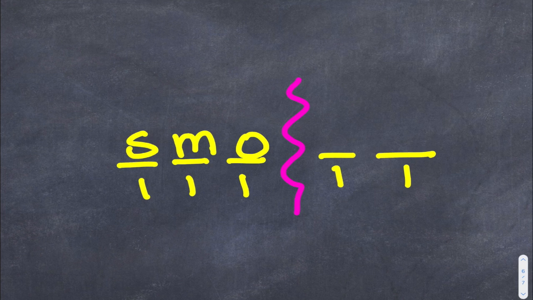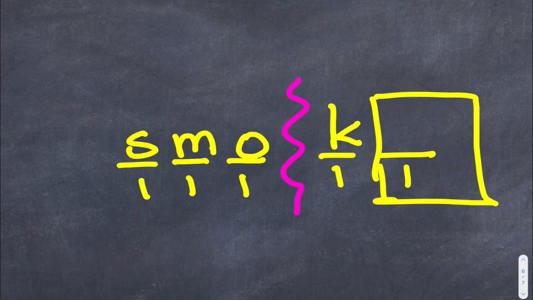K is going to be a K, because if we put a C there to be the C sound, a C makes an S when it has a Y after it. Oh, I gave it away. Okay, because we have an E sound right here. What letter makes the E sound at the very end of a word? And yes, it is a Y that I already gave away. Apologies, you guys, but that's what it is.